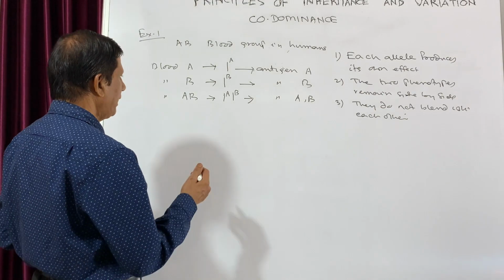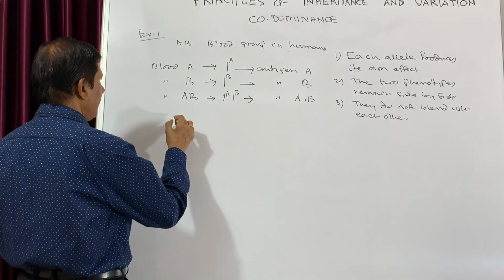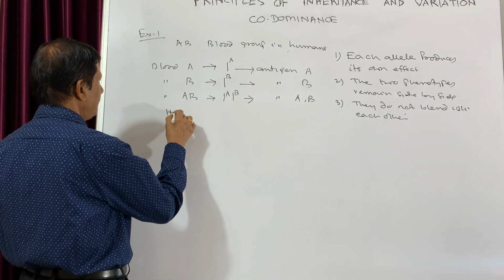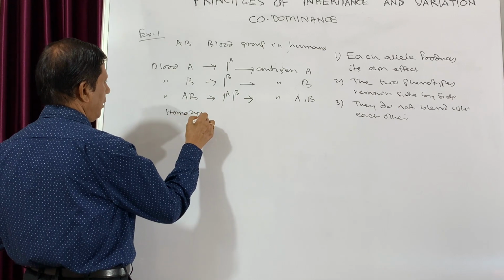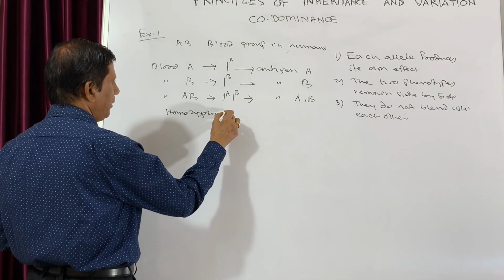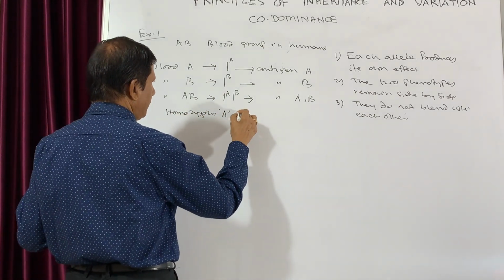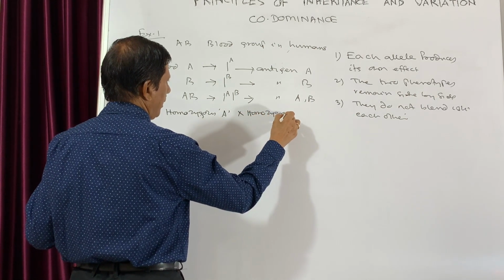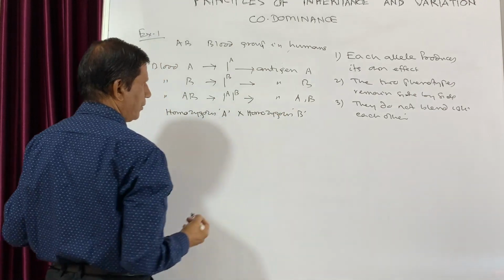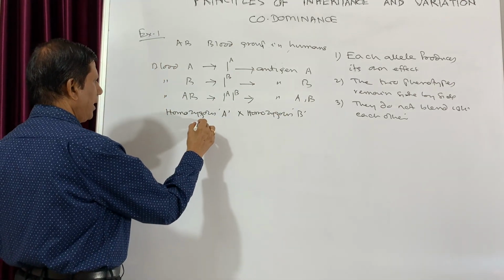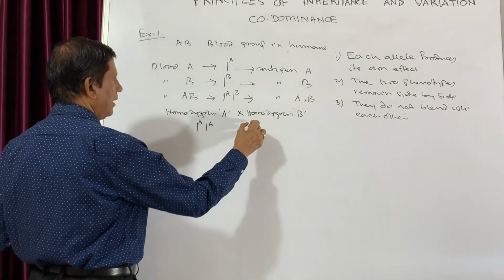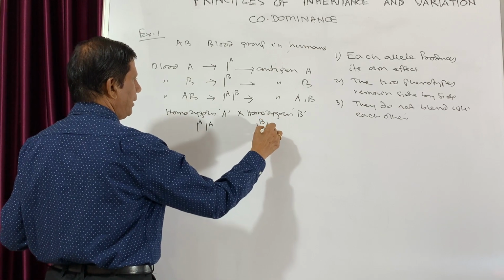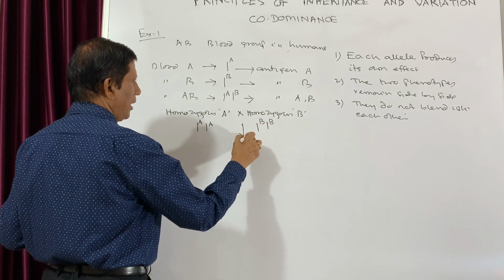Now let us make a cross between a homozygous A blood group, IA IA, and a homozygous B blood group, IB IB.